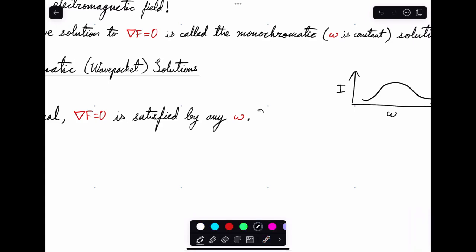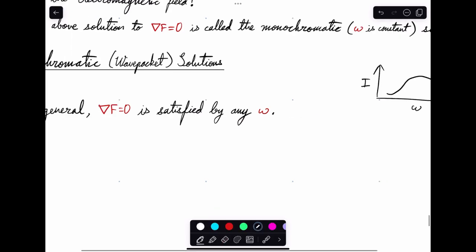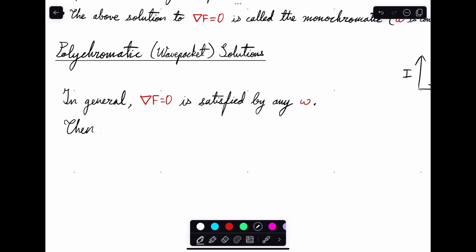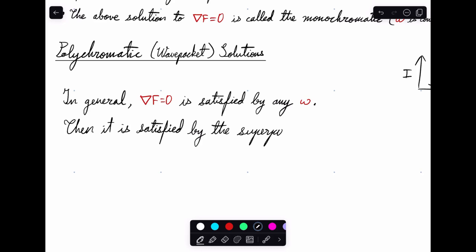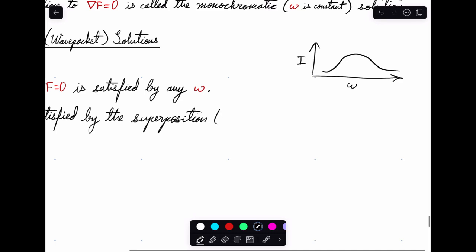So if it's satisfied by any omega, then it is satisfied by the superposition, and superposition here just basically means the sum of all solutions.